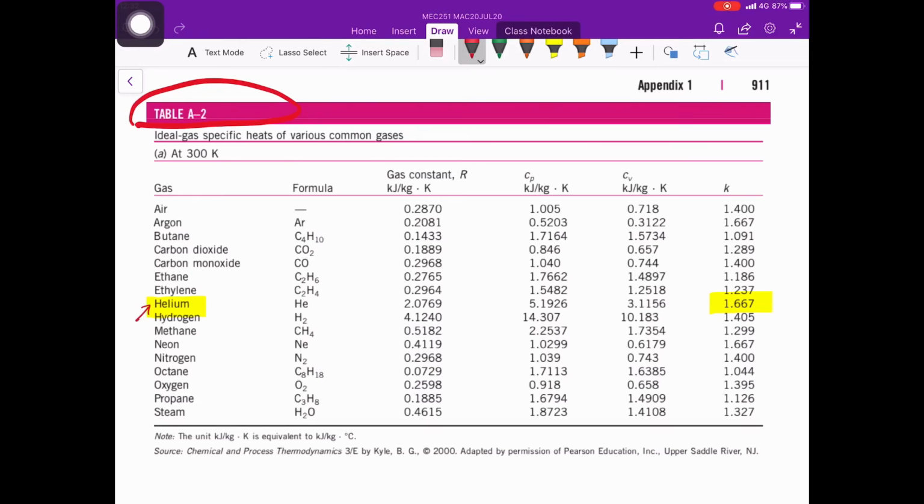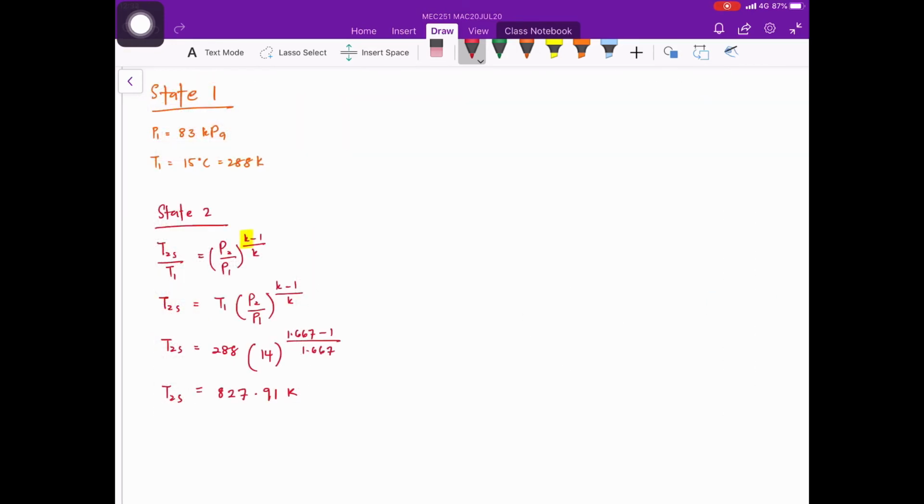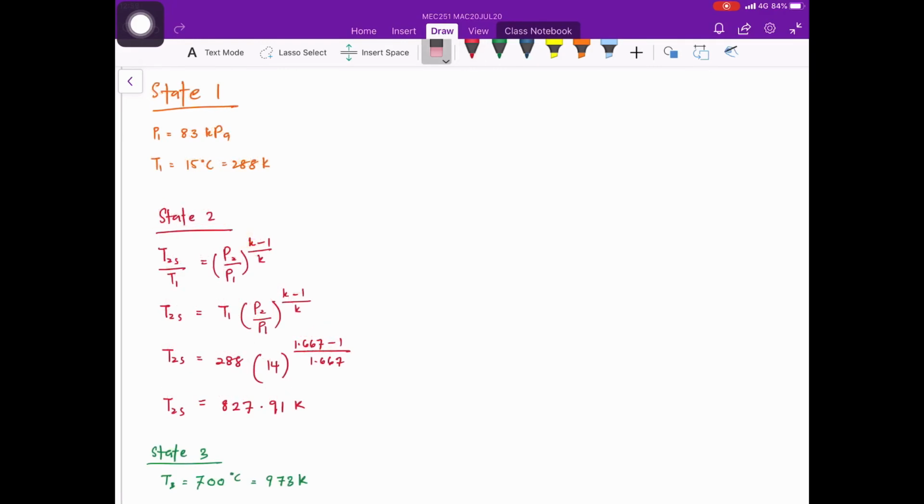For the type of gas helium, the value for k will be 1.667. Once we substitute all the required values and calculate, we get the temperature at state 2 equal to 827.91 Kelvin. The temperature at state 3 given from the question is 700 degrees Celsius, and when we convert into Kelvin, we get 973 Kelvin.